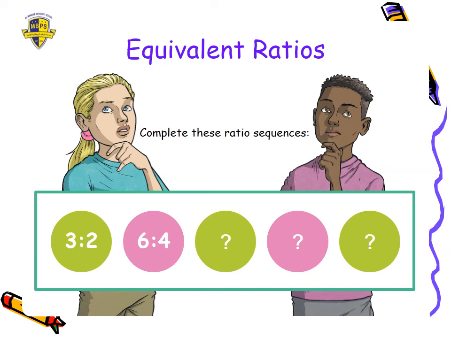So 3 by 3 is 9, 2 by 3 is 6. Good. The fourth one, multiply by 4, 12 to 8. And now the last one, multiply it by 5. 3 by 5 is 15, 2 by 5 is 10. Good. So it equals 15 to 10.